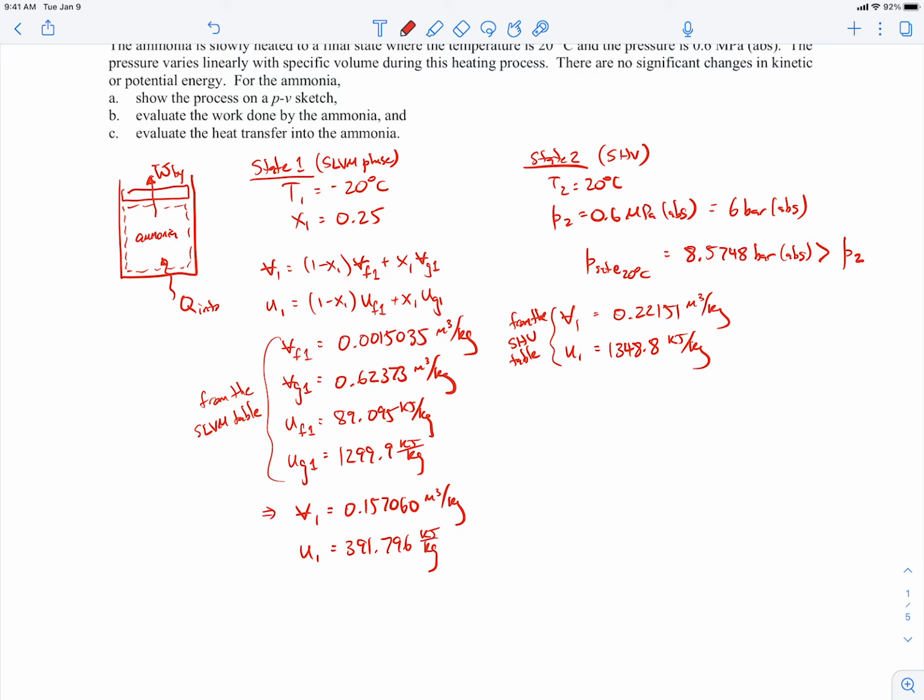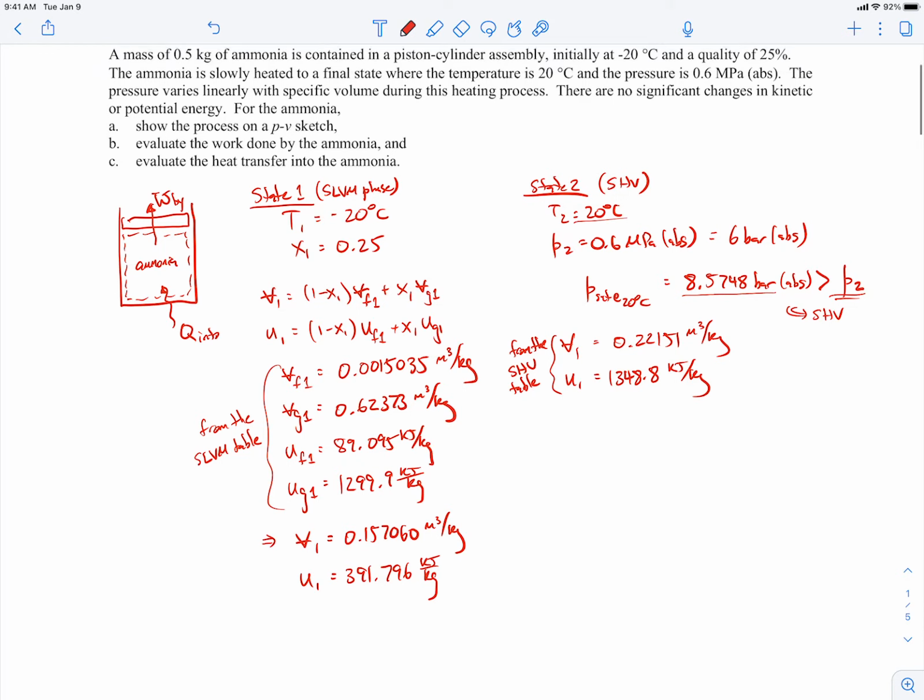And again, the reason is the saturation pressure at 20 degrees C is greater than our given pressure, so that's going to put us in the superheated vapor phase because we're not pressing in on that material, and because we have a lower pressure, it's more likely to be in a vapor state. Okay, so now we have the properties.